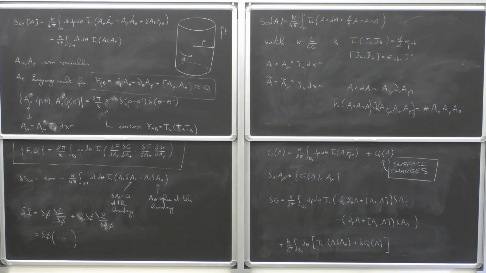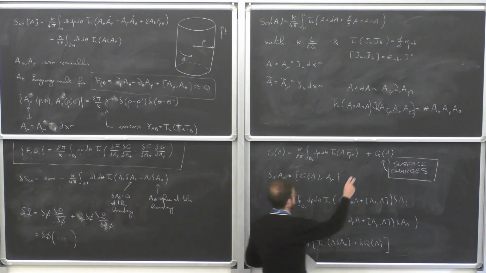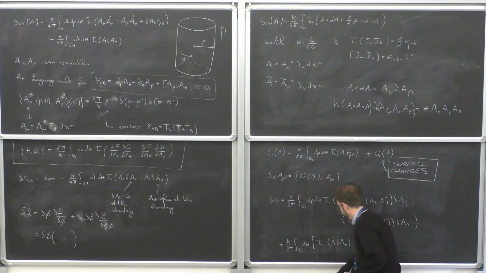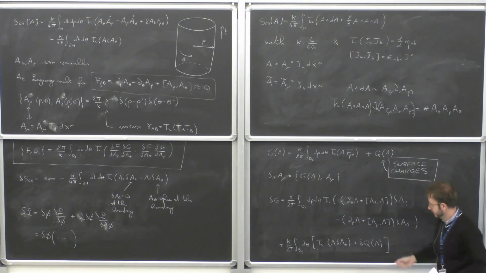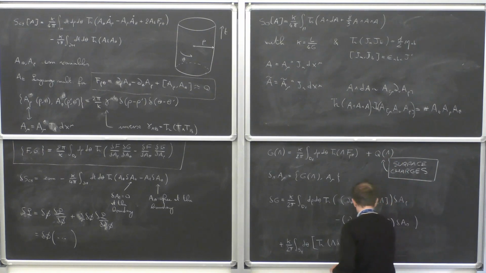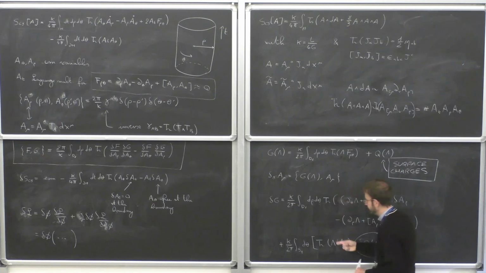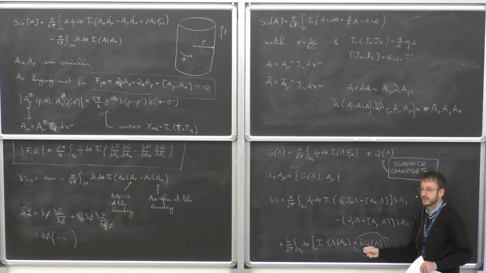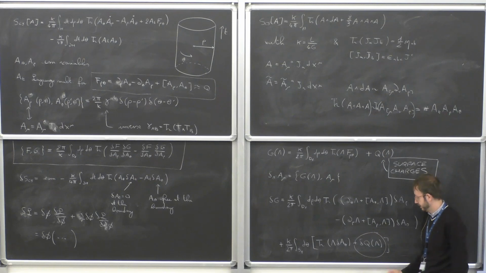Okay, so now the next step is that here we know that we have to introduce a charge, but that is something that will be extremely important even when we go for a more general setup. Here I just have a delta Q. That will be something that will always come back.